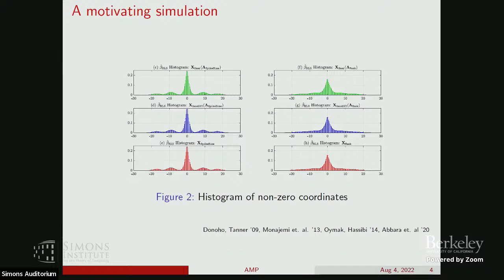So why do I think it's interesting and worthwhile to explain this rigorously? First, intrinsically this seems like an interesting observation. But more than that, explaining this necessarily motivates the development of theory for this universality phenomenon, that the properties of your statistical methods or machine learning algorithms don't depend too heavily on the design.